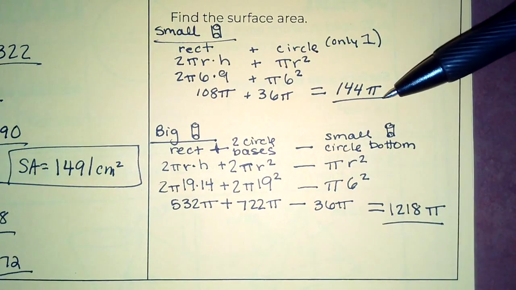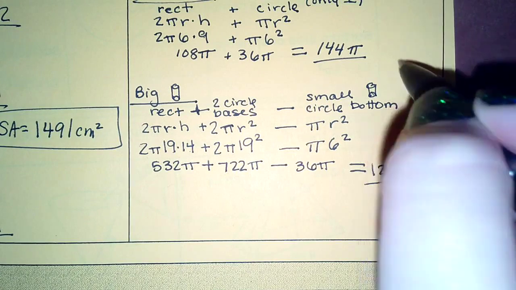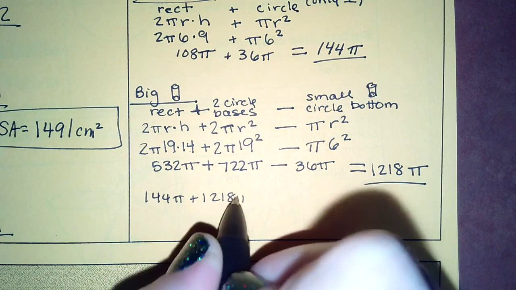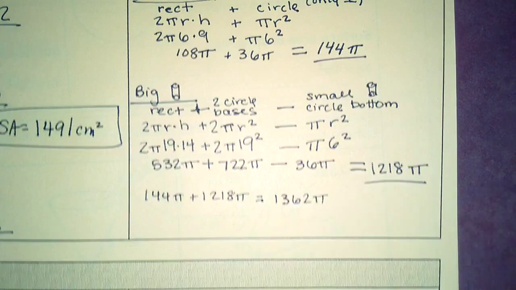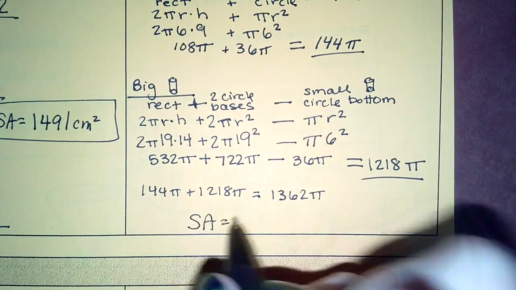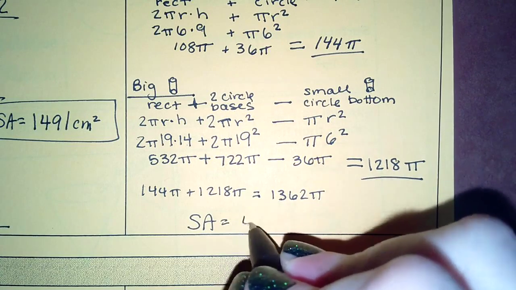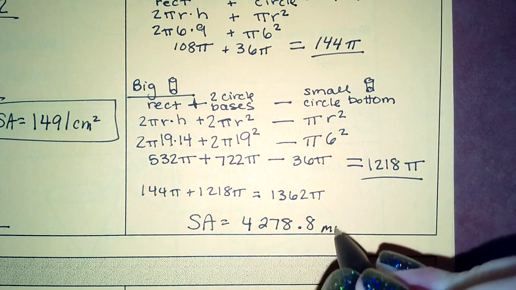So this is the big cylinder taking away what's not showing on the bottom here. Now I can add these two together. So 144 pi plus 1,218 pi equals 1,362 pi. Surface area would be me now multiplying by pi. We should get 4,278.8 millimeters squared.